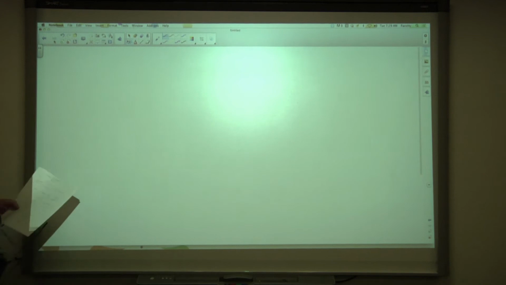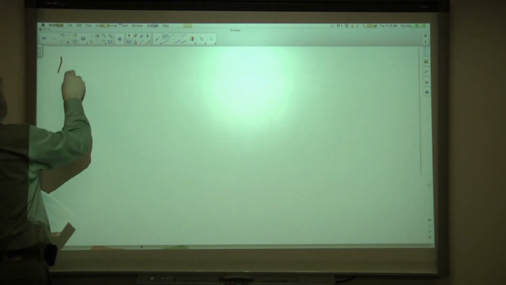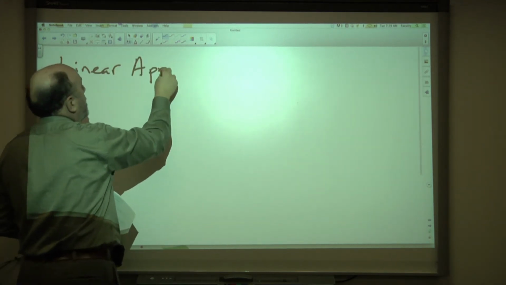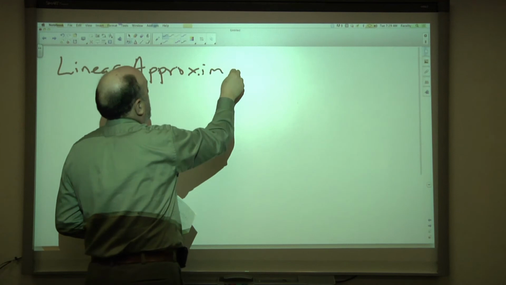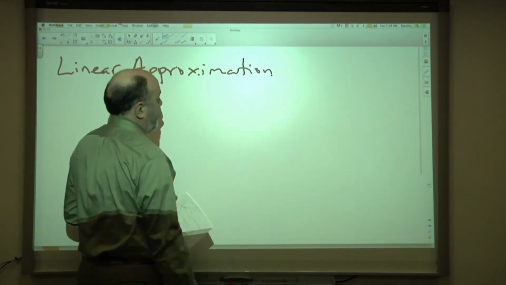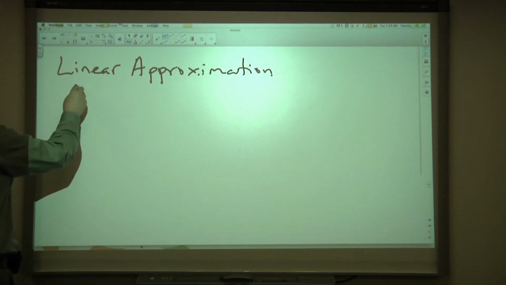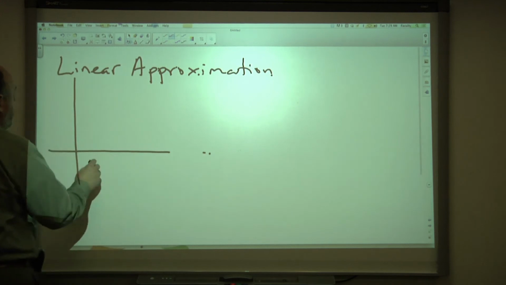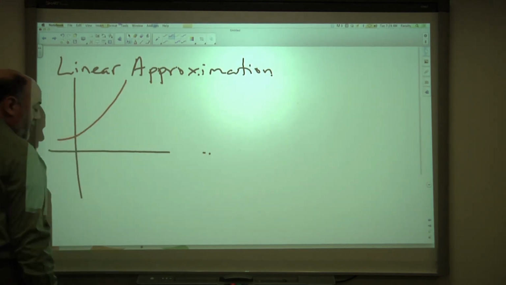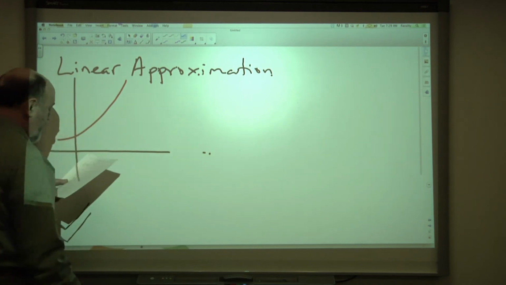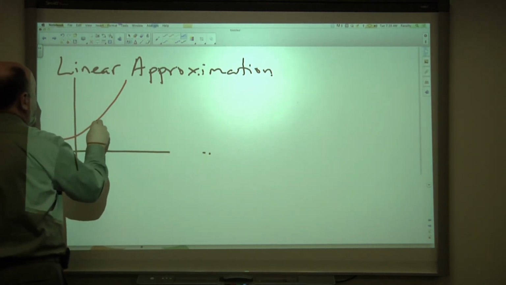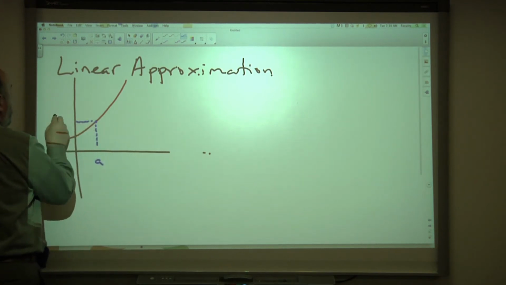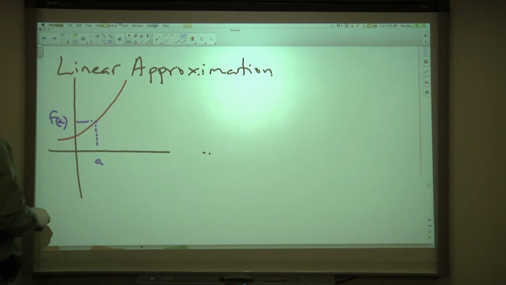The next section deals with 2 other things. First off, being linear approximations. And so, for example, if I have a curve of some type, so let's draw in a curve, okay? And then at some point here, which will be A, and then this will be f of A, as far as its coordinates.